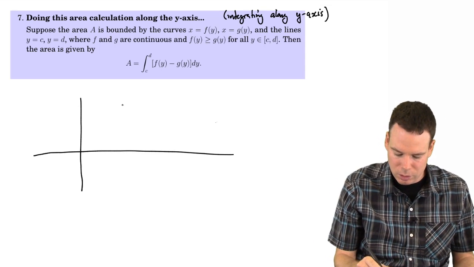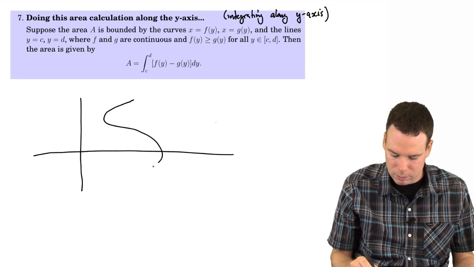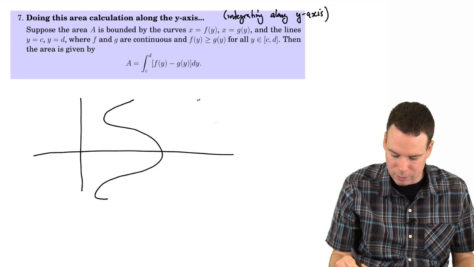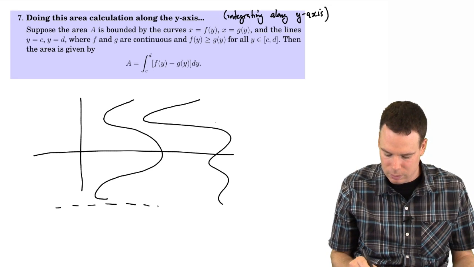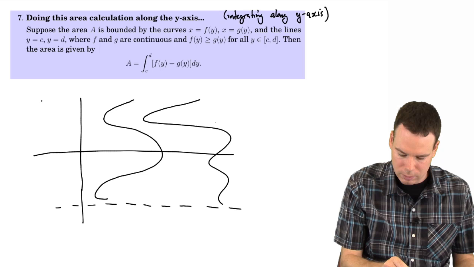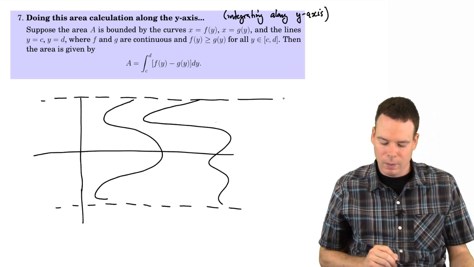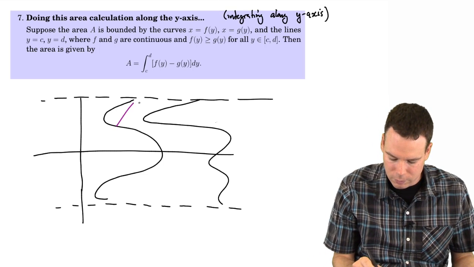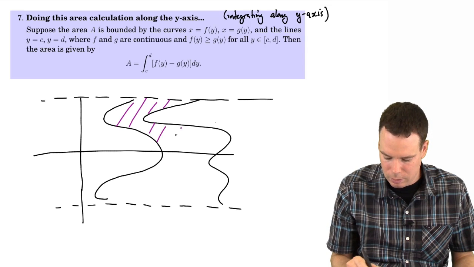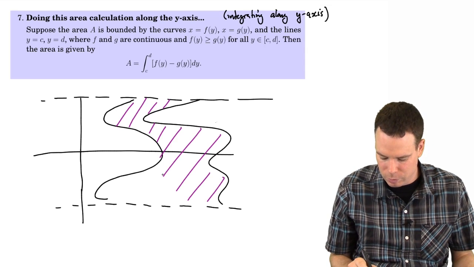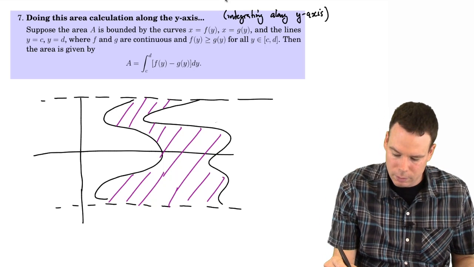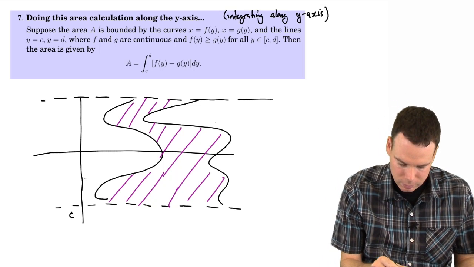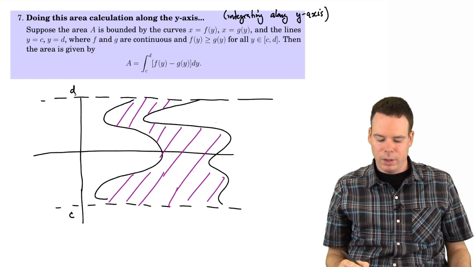Well, you can imagine a region that maybe looks something like this. And we're wanting to find the area of the region enclosed by these two curves and some y equals c to y equals d values.